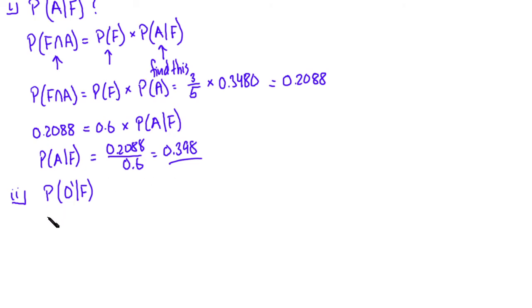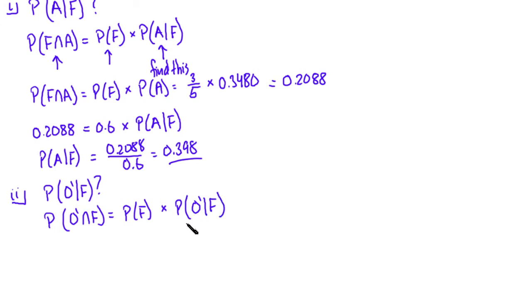So this is what we're looking for: the probability of not having blood type O and being female equals the probability of being female times the probability of not having blood type O given that the student is female.